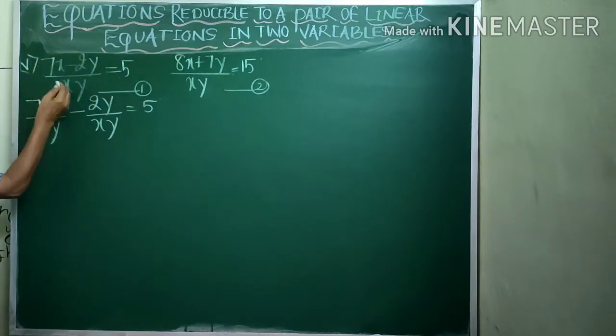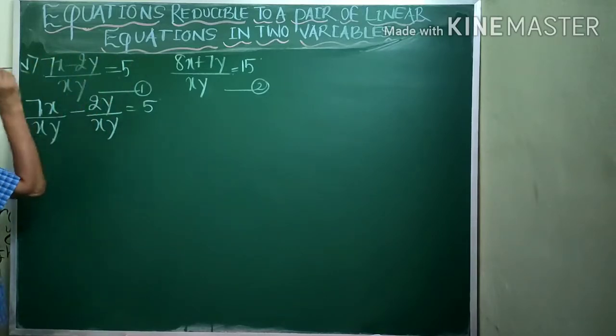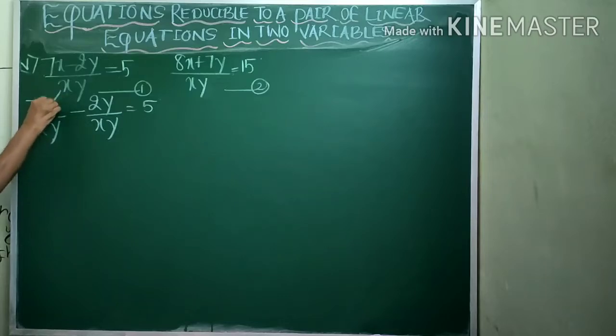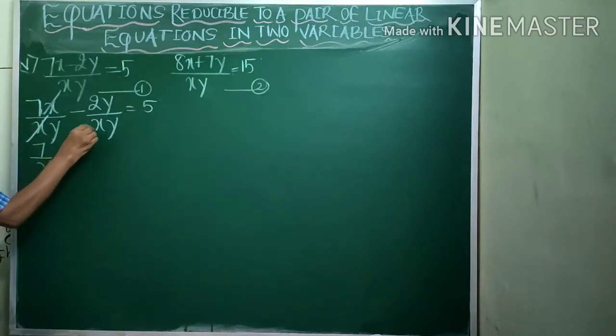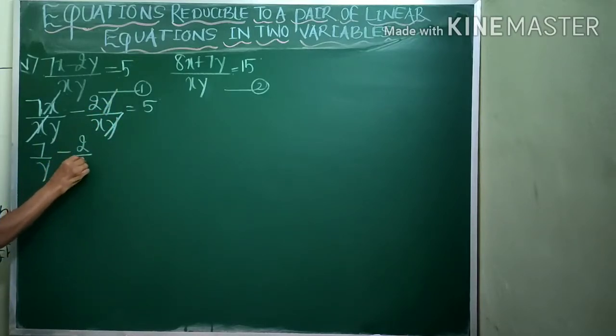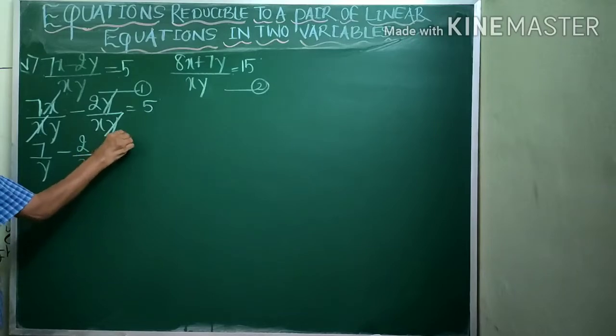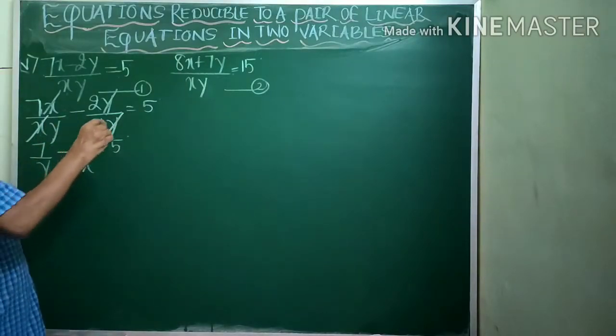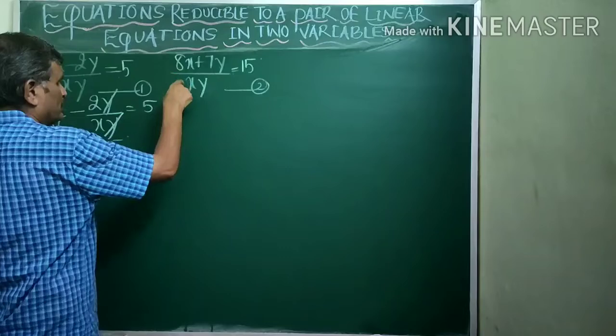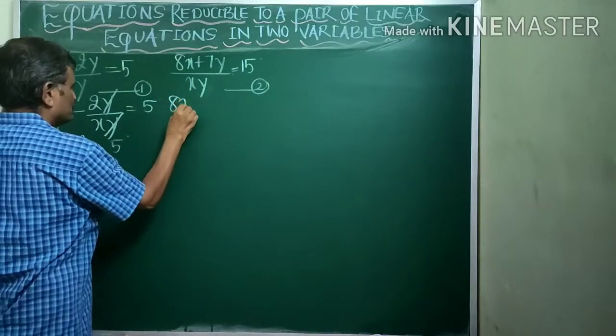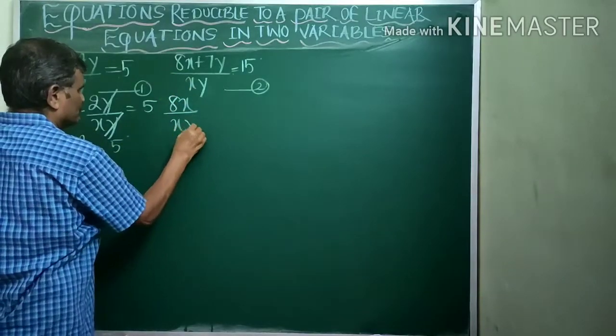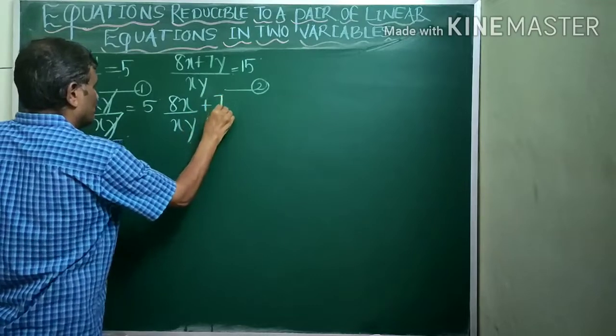Instead of subtracting and dividing, I am dividing and subtracting. If I do so, this x cancels with x. So what I get is 7 by y, this y cancels with y, minus 2 by x is equal to 5. Now here also, instead of adding these two and dividing by xy, I will first divide and then add it. So if I do so, let us see what I will get.